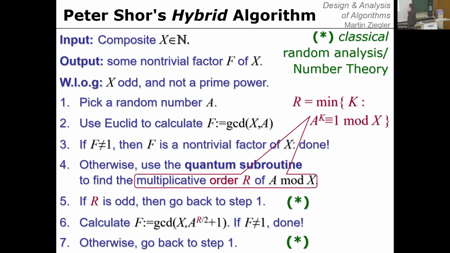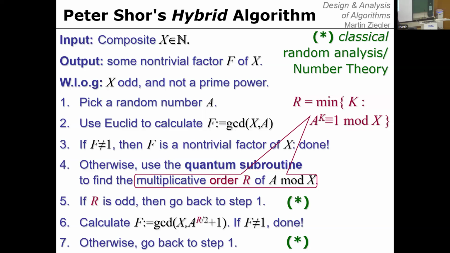Now, what again is the order? The order is the least exponent, the least number of times we have to multiply a by itself to arrive back at 1 modulo x. And group theory says this number exists since a and x are coprime. You see how line number 3 is crucial, right?